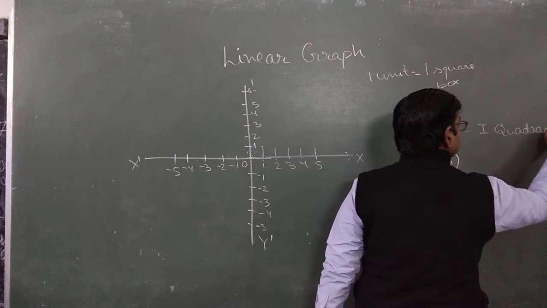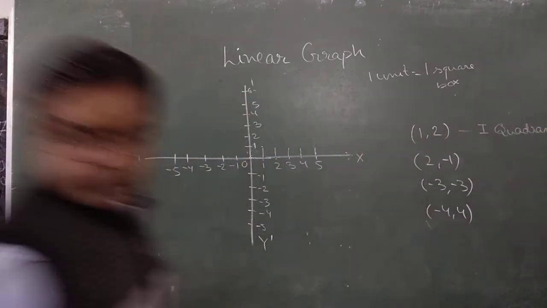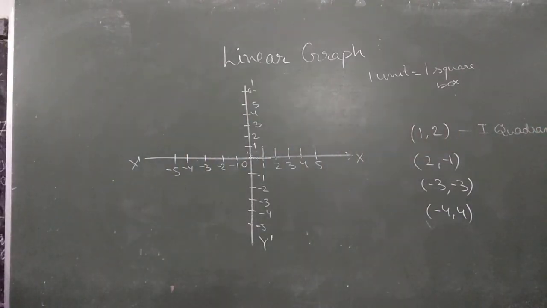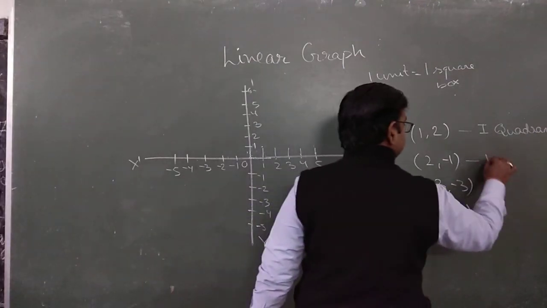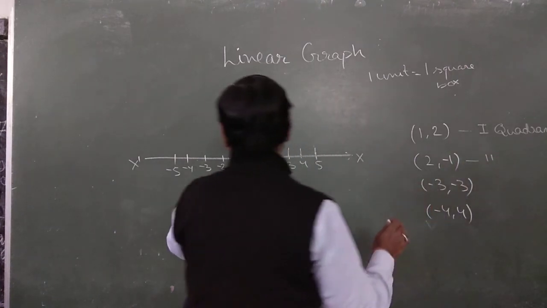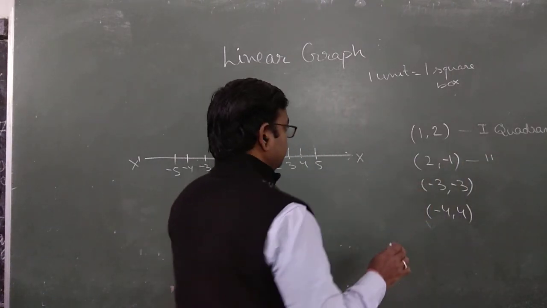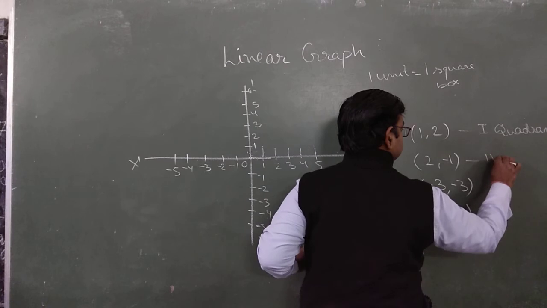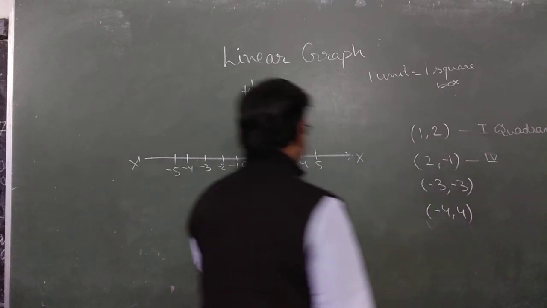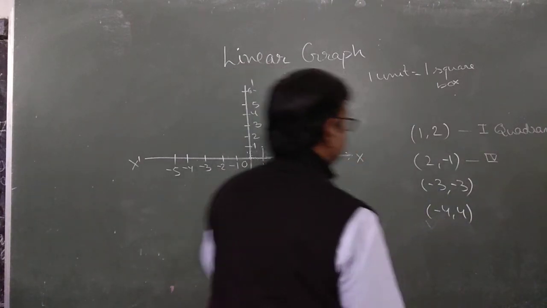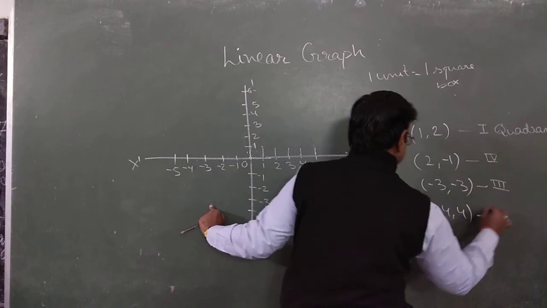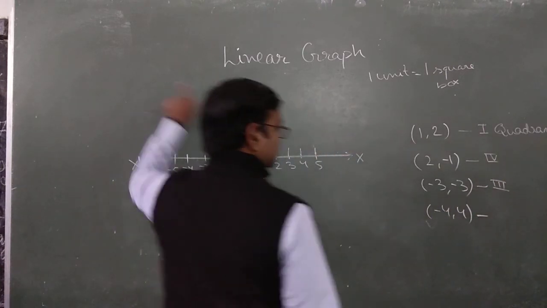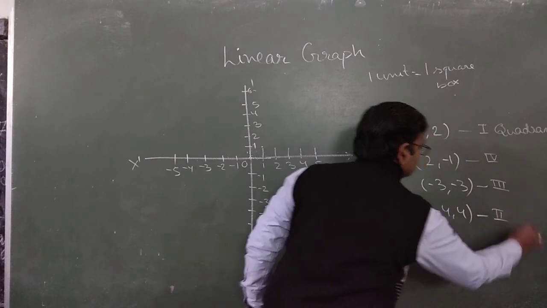Let me check whether you are able to see the first quadrant. It's a little bit not visible. So it's the first quadrant. Then this one, first positive and then negative, is the fourth quadrant: x positive, y negative. Both negative is the third quadrant, and x negative, y positive is the second quadrant.